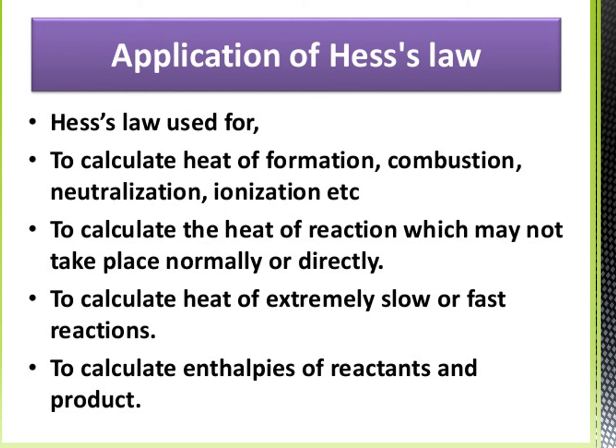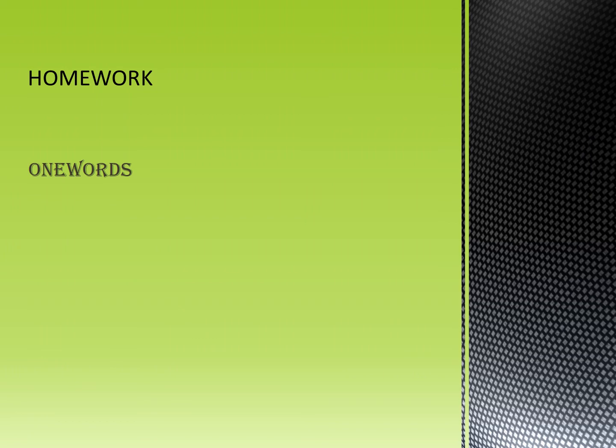It is used for calculating heats of formation, combustion, neutralization, ionization, etc. It is used to calculate the heat of reactions which may not take place directly, the heat of extremely slow or fast reactions, and enthalpies of reactants and products. So these are the applications of Hess law. That's all about Hess law.